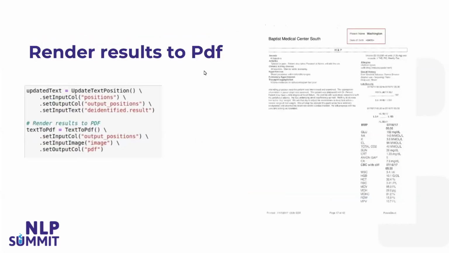And for storing results back to PDF, we should call the update positions transformer and text to PDF. So we can see here an example where we replaced the original name and replaced the date by a tag.